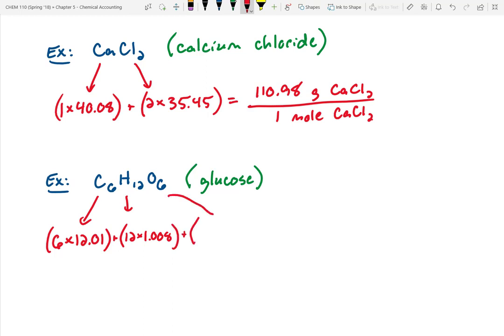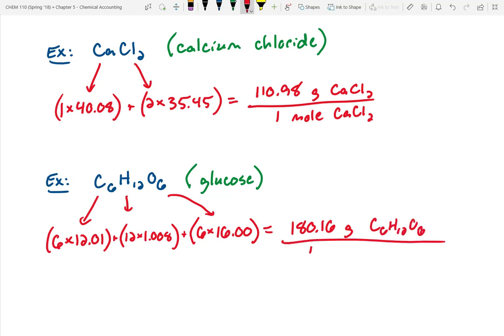And then last but not least, we've got our oxygens, where we've got 6 of them, and oxygens are about 16.00, which gives me a net of 180.16 grams of C6H12O6 per 1 mole of C6H12O6. Does that make sense?